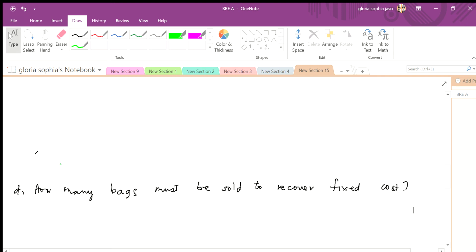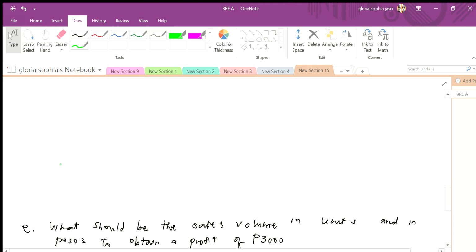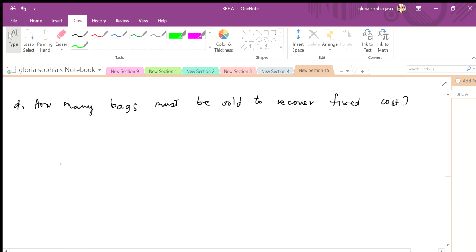Next question, for letter D. How many bags must be sold to recover the fixed costs? To determine the quantity that must be sold to recover the fixed costs, equate revenue to fixed costs. So, R equals FC.